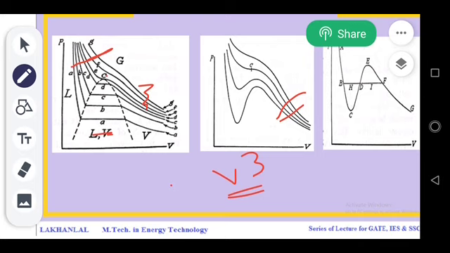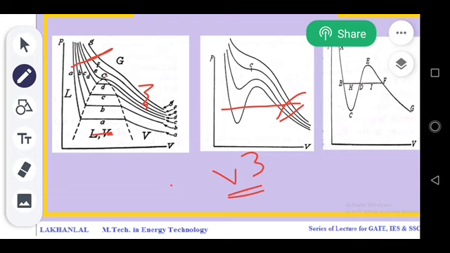So for given pressure and temperature, we know that we are going to have three different real roots, three different real molar volumes. So we can say here like this: if we draw a horizontal line, an isotherm is going to intersect it thrice.